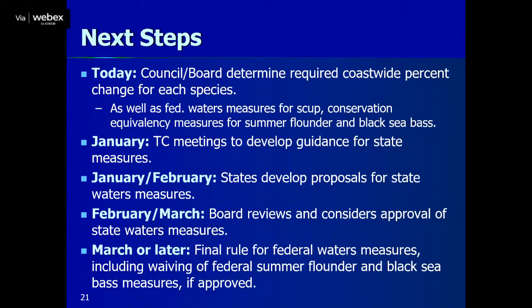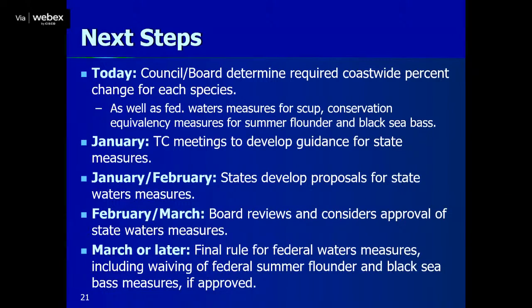And then later in the spring, there still needs to be the rulemaking process on the federal side of things. So the final rule usually happens around March or later to implement the federal waters measures for scup. And then if there's a recommendation to waive the federal waters measures for summer flounder and black sea bass, if that's approved, that will be effective around this time frame.